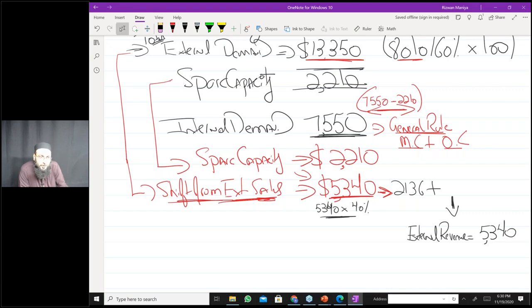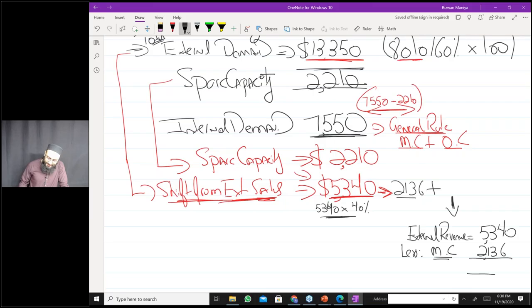Because right now the question has mentioned that we are charging the same price from the internal division as we are charging from the external market. So if I sell this in the external market, I could have charged 5340, and if I deduct my marginal cost from this, and what is the marginal cost? 2136.